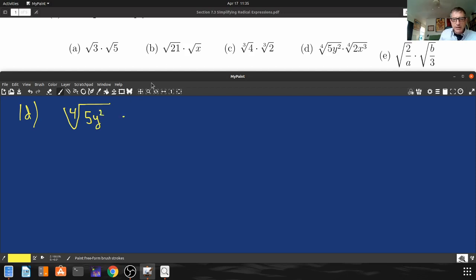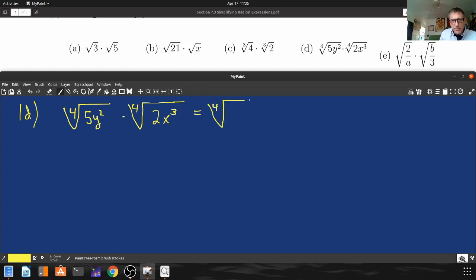And we're assuming, it doesn't tell you, but we're assuming that all of the numbers under the radical are positive, or at least greater than or equal to 0. They could be 0. So the fourth root of 5y squared times the fourth root of 2x cubed. So we're just applying the rule.